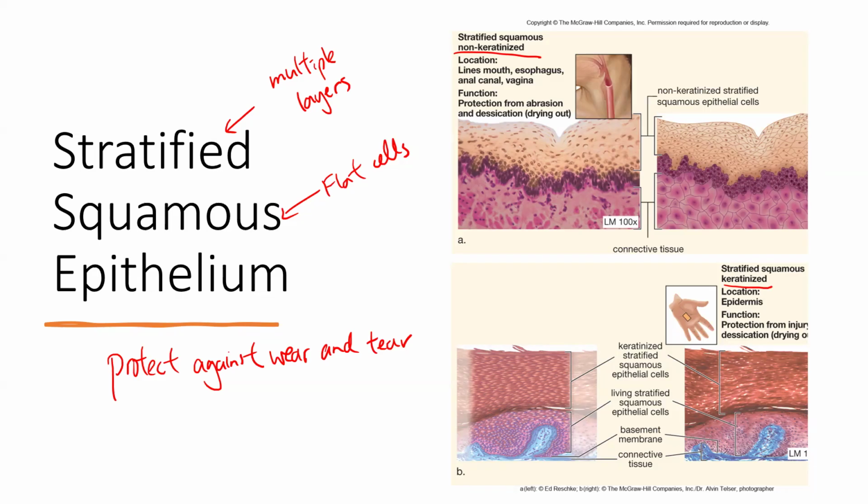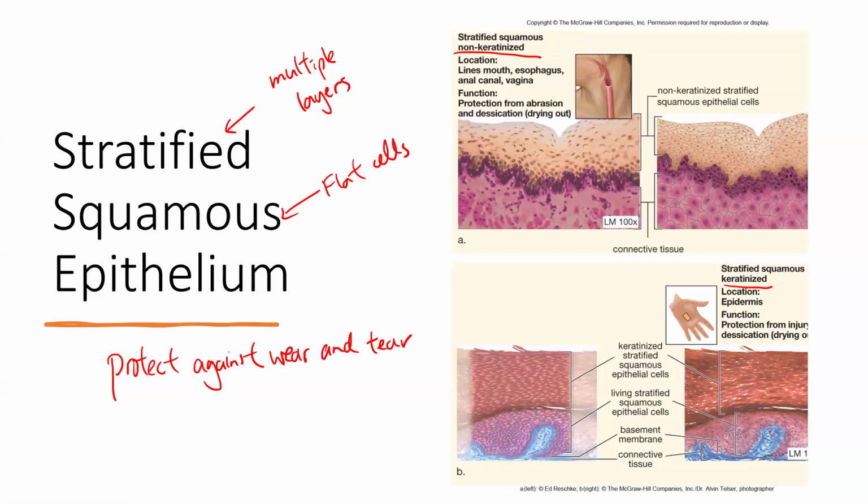In addition to offering protection against wear and tear, because of the keratin, it prevents desiccation as well, prevents drying up. For the inside of the body, you would find stratified squamous at places where there's a lot of rubbing and exposure to extremes, like the inside of the mouth and the esophagus, which is the tube that carries food down to your stomach.